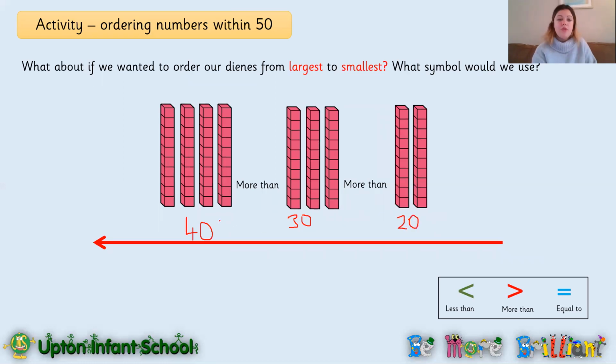So we can see that 40 is more than 30, and 30 is more than 20. Okay, so we would just use the other symbol for that, because they're going in order from largest to smallest, okay? So we would use this symbol.